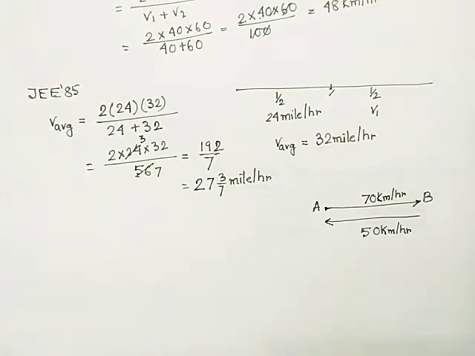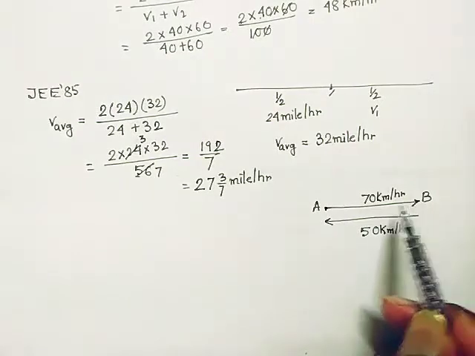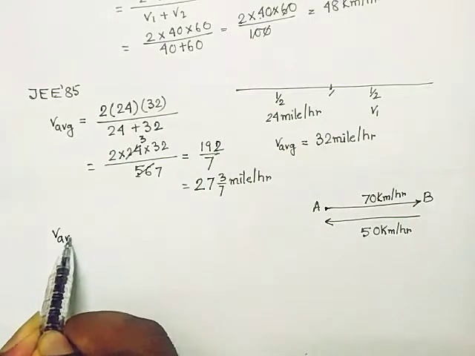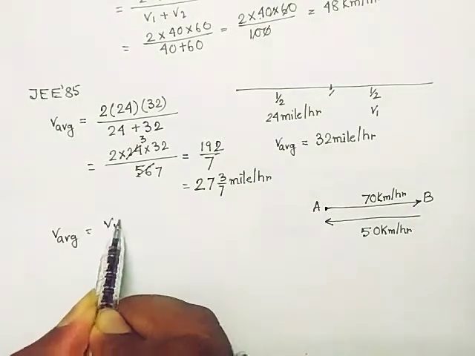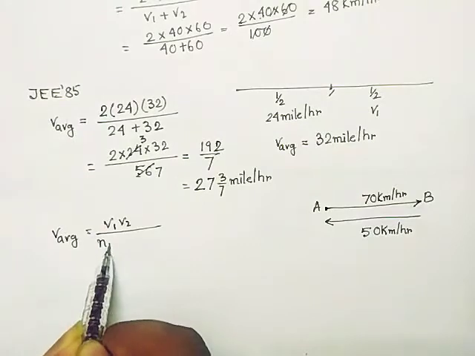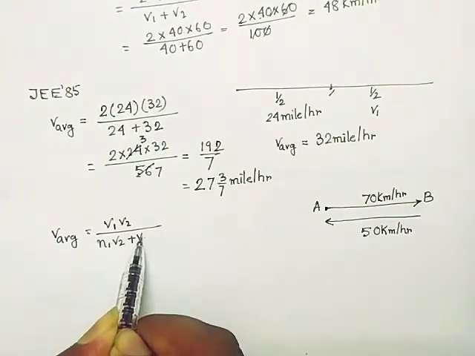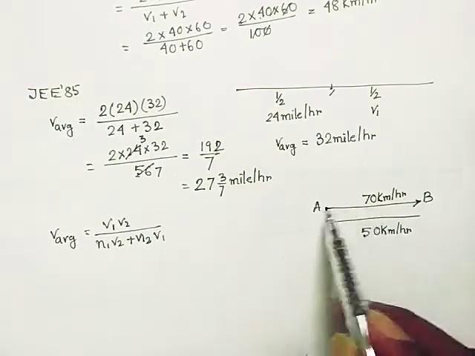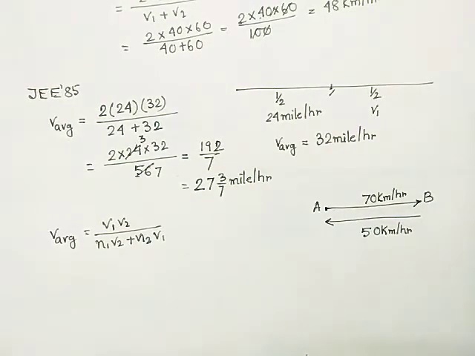Now the fractions n1 and n2 that I have considered, the average velocity is v1 v2 divided by n1 v2 plus n2 v1. Both n1 and n2 are 1 here, because A to B is the total path, and B to A is the total path.